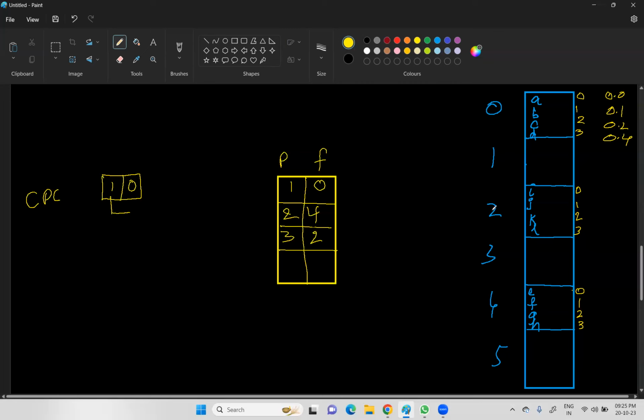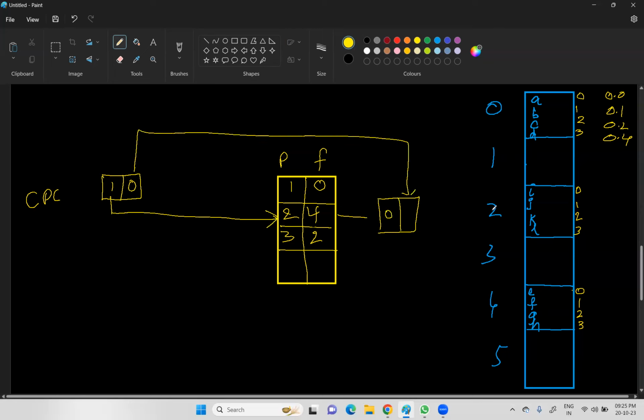This page number is forwarded to the page table, and it is identified that the frame number is 0, and this displacement is forwarded directly, so that is 0. Therefore instruction A is picked up and executed. The address of instruction A will be frame number 0 and displacement 0.